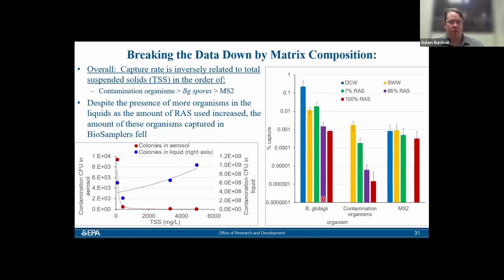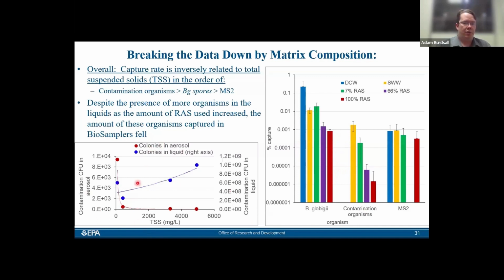For the contamination organisms and BG spores, there is a distinct drop in the percent capture as we get closer to that 100% return activated sludge matrix. This might be expected if the organisms are attaching to the solids, making them too large to be captured by the biosampler.